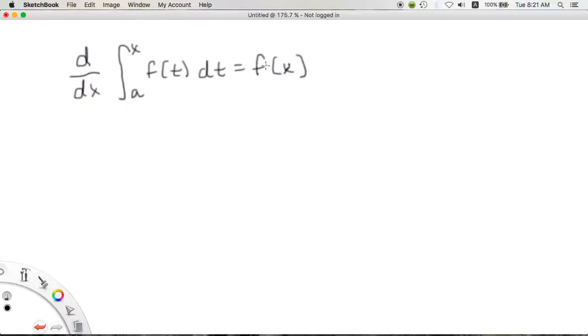We're going to spend a lot of time with this in the next section, but the reason we're introducing it right now is because we have talked about the antiderivative, and what this tells us is that if we take an integral like this and x is our upper bound, then we can find out what that is. It's the antiderivative plus some constant.